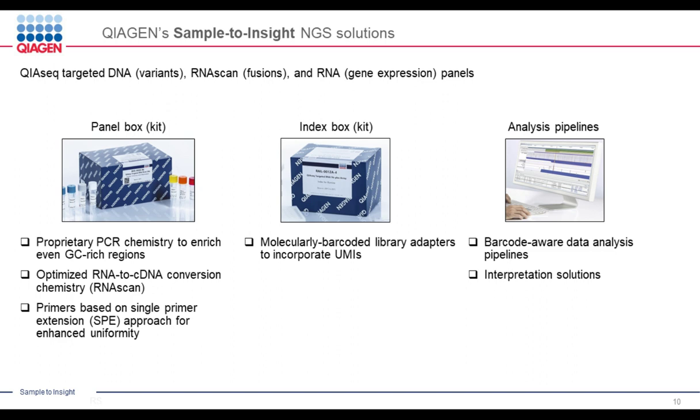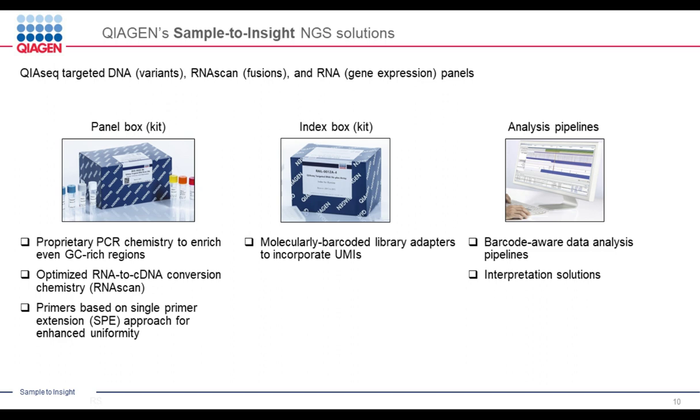And last but not least, the way we've built these solutions is a sample to insight approach, which means that we're not only providing the panel itself and the indexes that are required for library construction, but the chemistry is always married to a sophisticated analysis pipeline that can analyze data not just based on raw reads, but also unique molecular indices, as well as interpretation tools.